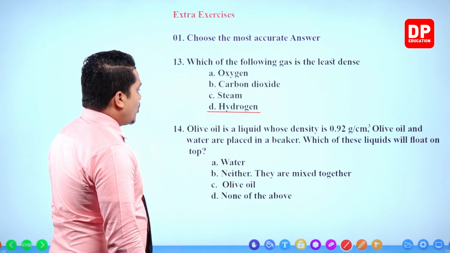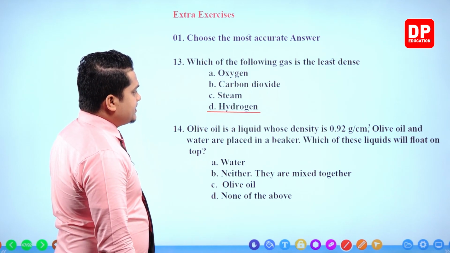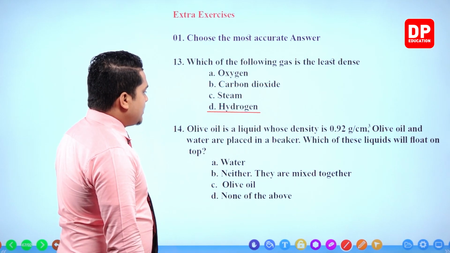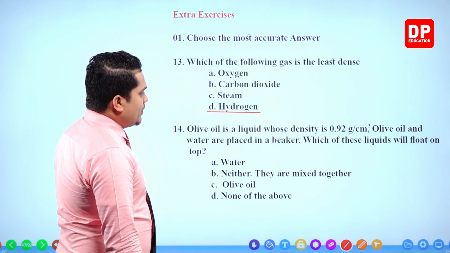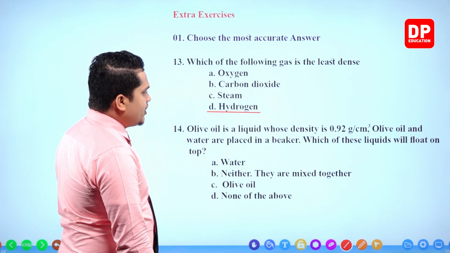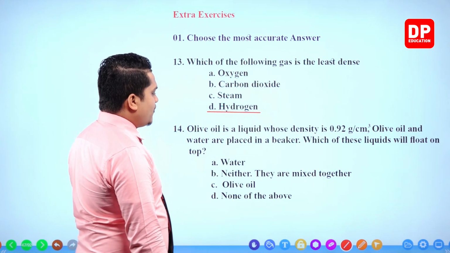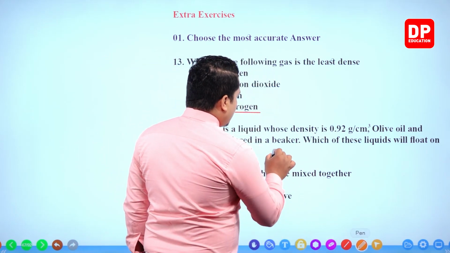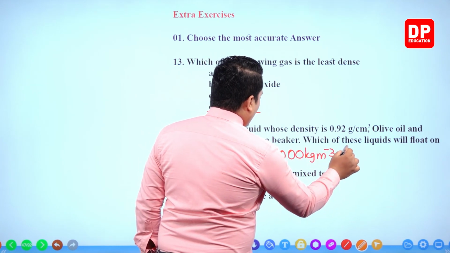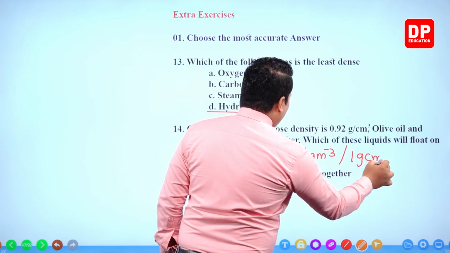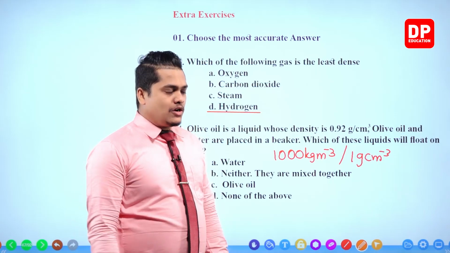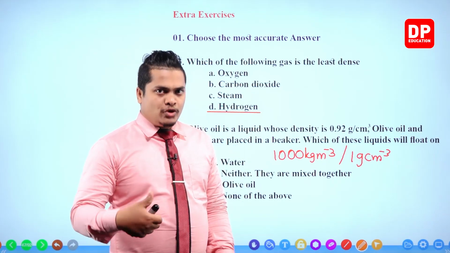Right. Olive oil is a liquid whose density is 0.92 grams per cubic centimeter. Olive oil and water are placed in a beaker. Which of these liquids will float on top? You know that the density of water is equal to 1000 kg m-3, or else 1 g cm-3. 1 g cm-3 means 1 gram per cubic centimeter, or 1000 kilograms per cubic meter.